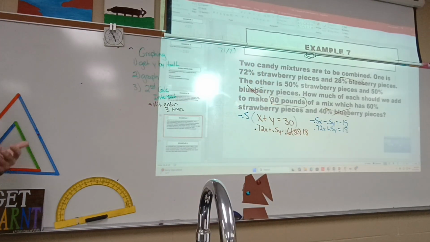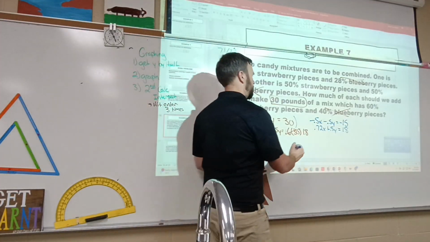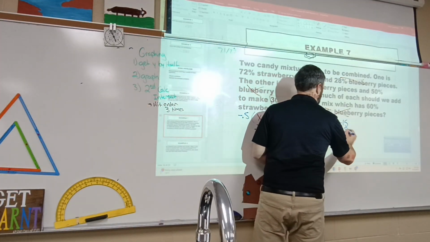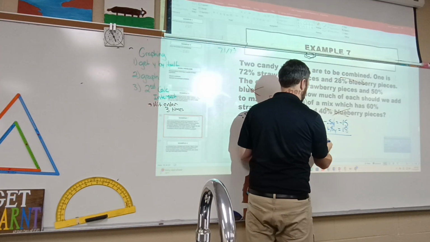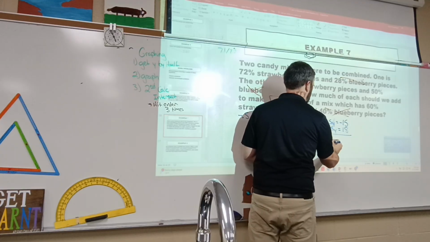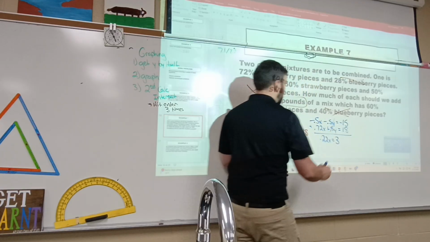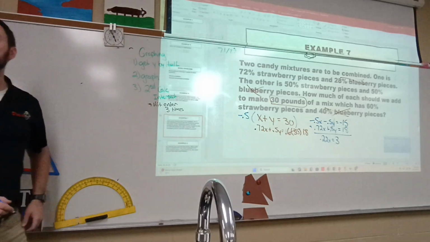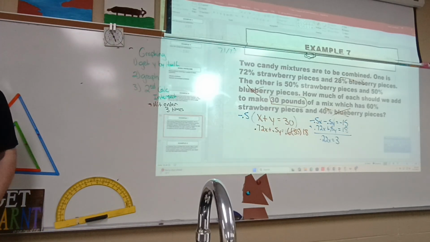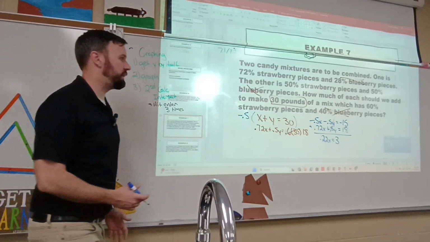So now when I add those 2 equations, what happens? Those are going to cancel, and you get 0.22x equals 3. So honestly, elimination might be less steps, right? You guys see how that's a little bit less messy? Will elimination always work for these? Yeah.